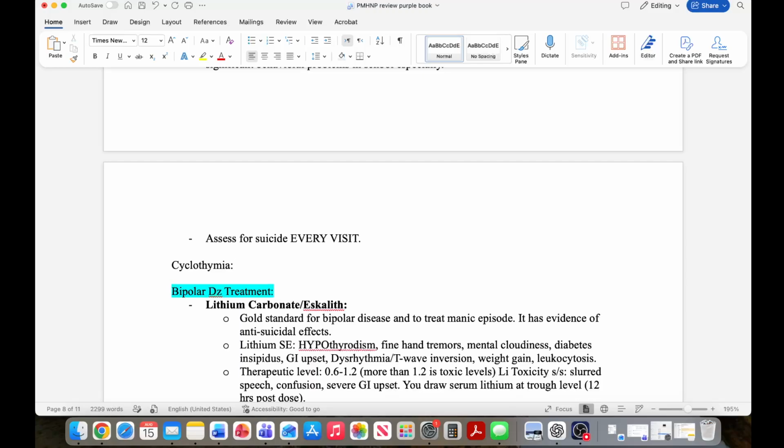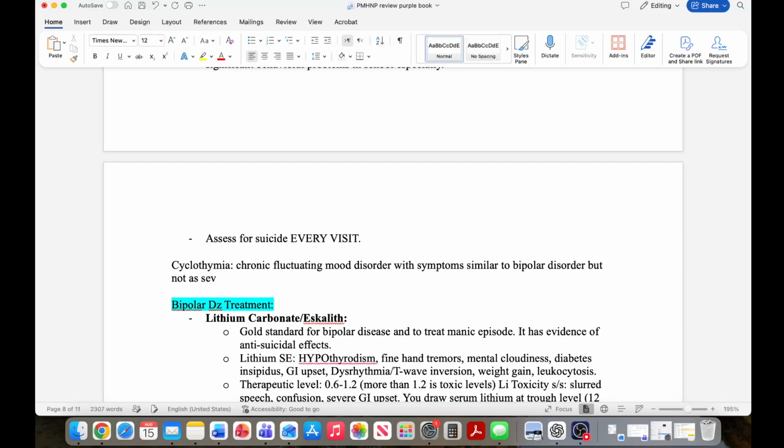Chronic fluctuating mood disorder with symptoms similar to bipolar disorder, but not as severe.